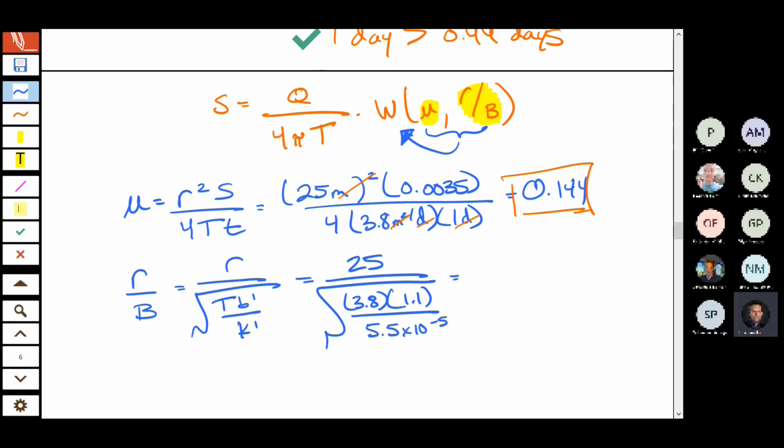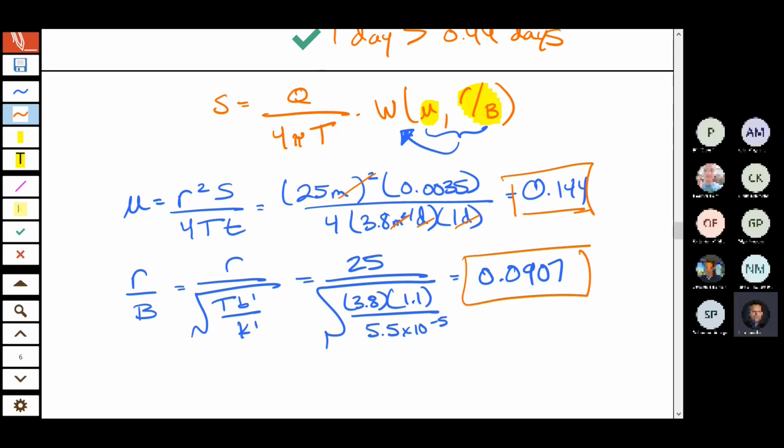Give me a second. I seem to have lost where my square root is. Oh, there it is. Okay, and I got an answer of, and hopefully you did too, 0.0907 for an R over B.